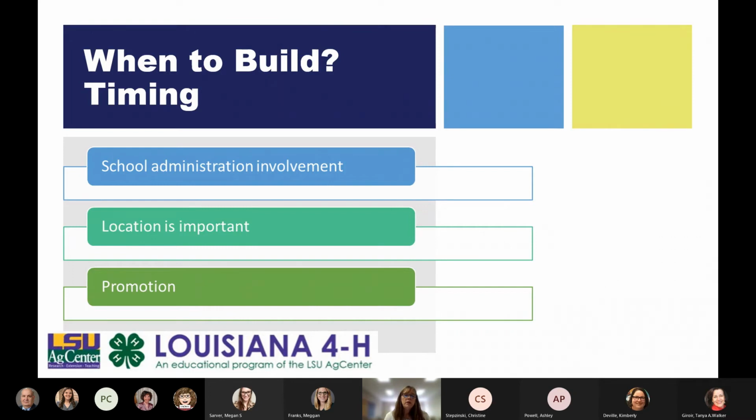Promotion of your orientation: you're going to want to make sure that you cover all of your bases when getting the information out to them. Again, talking to your school administration, we were able to send out a letter to all of the principals.